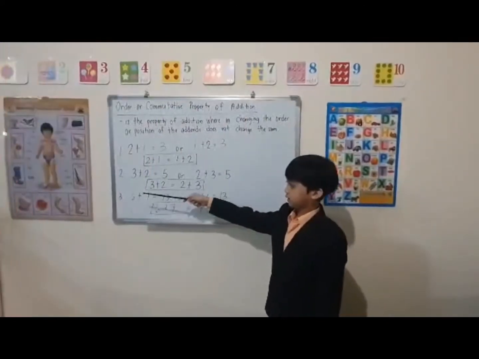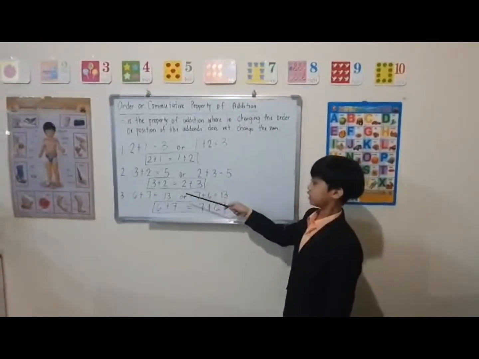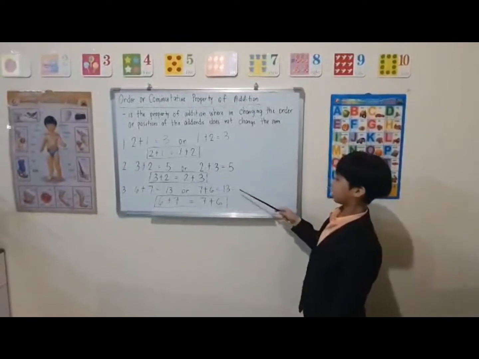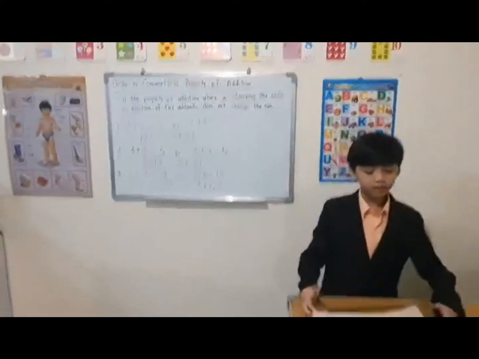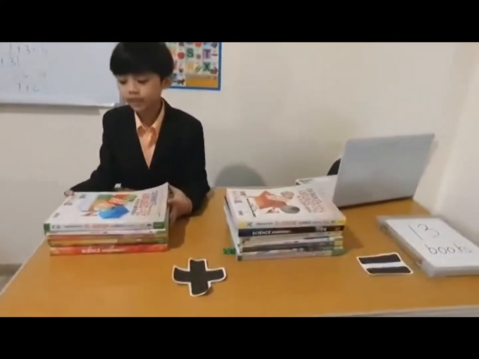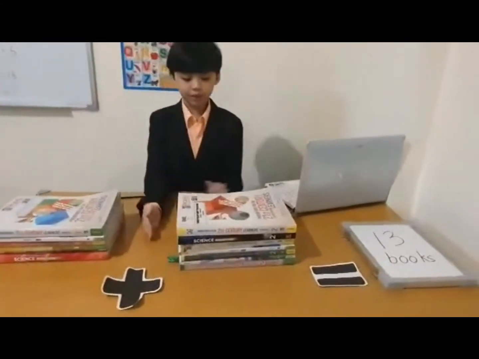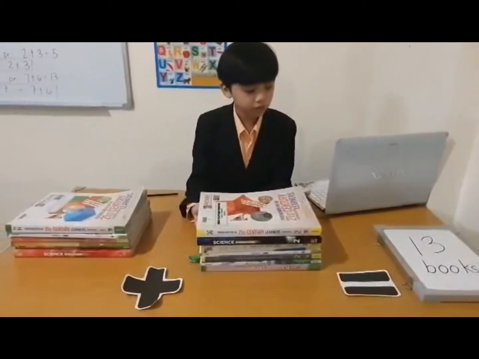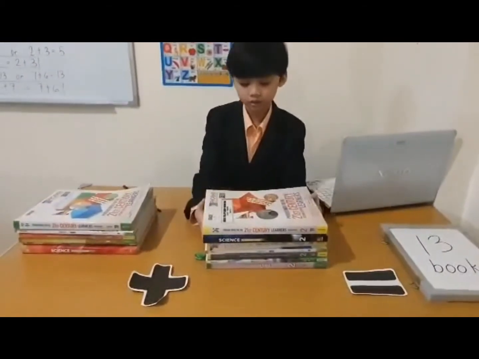Number 3. 6 plus 7 equals 13, or 7 plus 6 equals 13. I have here 6 grade 1 books plus 7 grade 2 books equals 13 books.